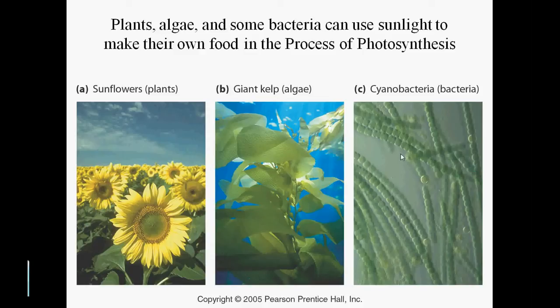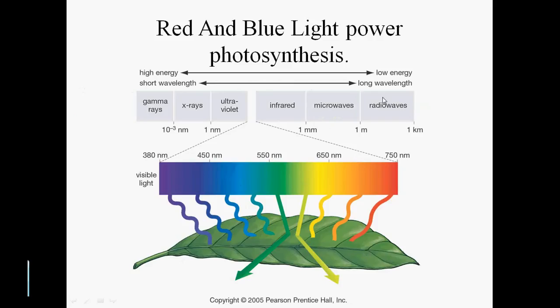So plants, as we know, algae, and cyanobacteria, a special type of bacteria sometimes called blue-green bacteria, are able to use sunlight to make their own food in the process of photosynthesis. The important thing to take from here is that it's not just plants. Algae and some specialized bacteria called cyanobacteria, or blue-green bacteria, are also able to use photosynthesis.